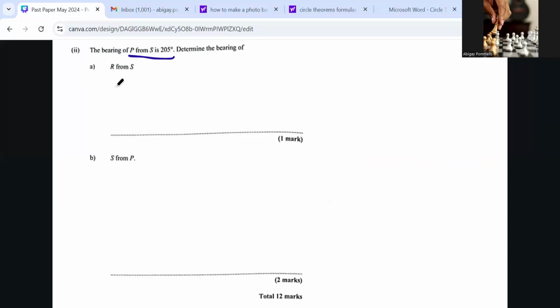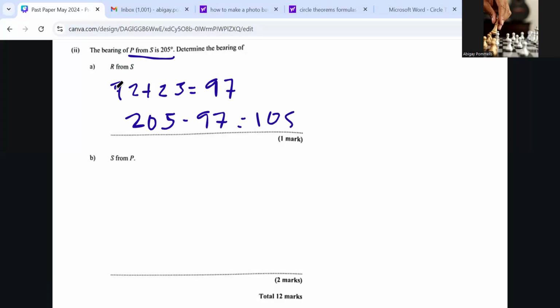So 72 plus 25 will equal 97, and then subtract it from the 205. And we get 108. And that's our answer right there. That's our bearing of R from S.